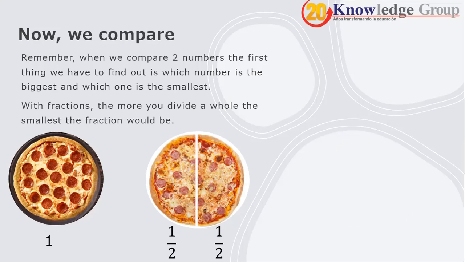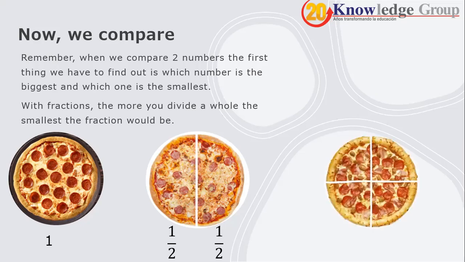What happens if I take the same pizza, the same size of a pizza, and I divide it into 4 parts? It's the same size of a pizza, but each slice or each fraction is going to be smaller. Okay? So I have 1/4, 1/4, 1/4, 1/4. Each one of these pieces is 1 out of 4 pieces.